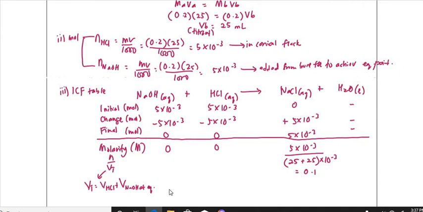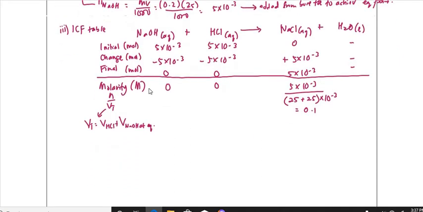Okay. Next, step number 4. Here, look at this molarity row. Yang berbaki hanyalah salt sahaja. Okay, hanyalah salt.